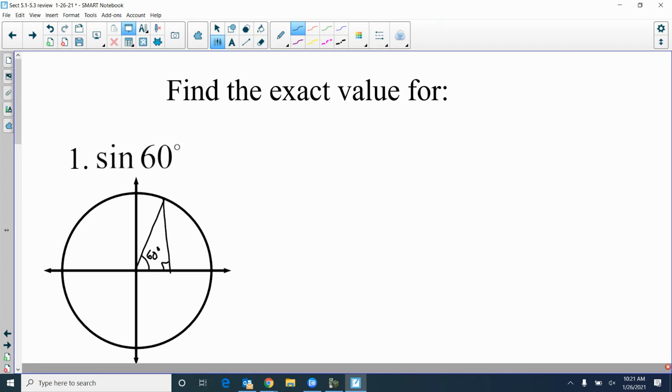Now, this is where you need to know the 30-60-90 triangles and the 45-45-90 triangle. You've got to know those because we want to get the ordered pair right here. It's all based upon this triangle. My hypotenuse is 1. Across from the 60 is square root of 3 over 2. Across from the 30 is 1/2.